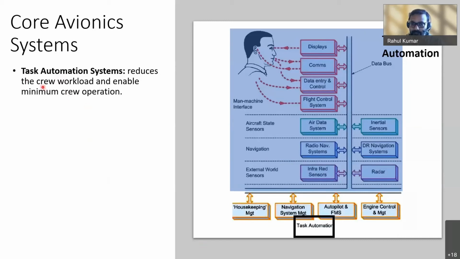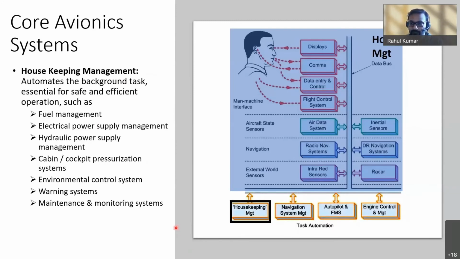Now the last avionics system is called your task automatic systems, and they are basically used to reduce the workload of the crew. Okay, so you can operate the aircraft with minimum crew. There are some subsystems. The first subsystem is your housekeeping management, right?